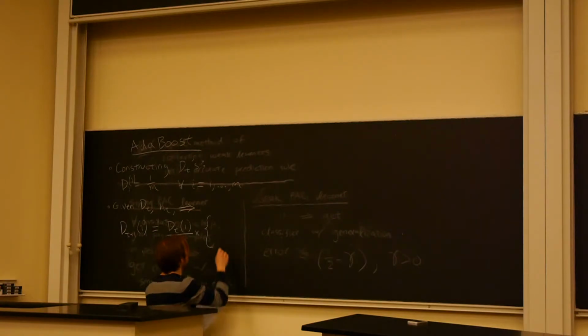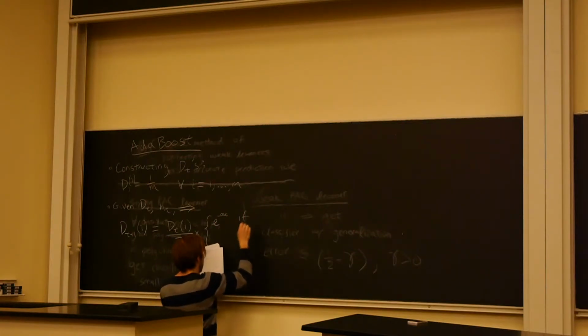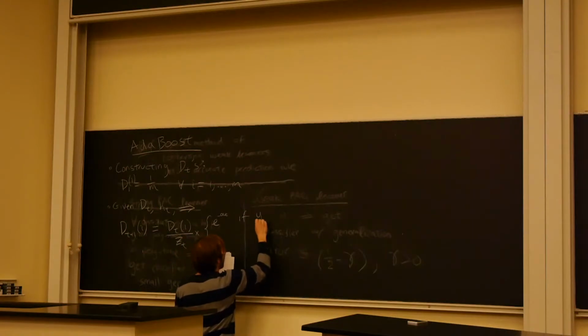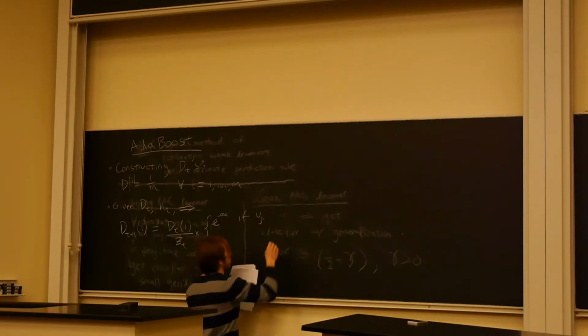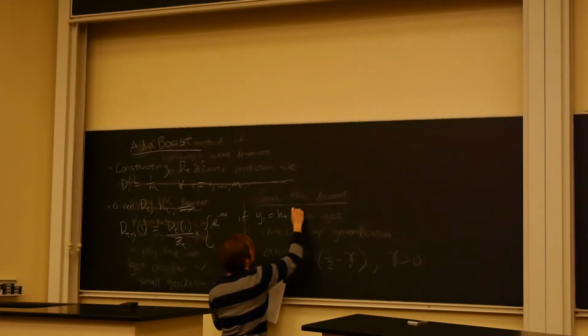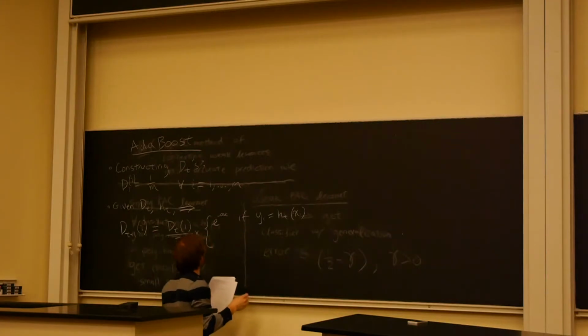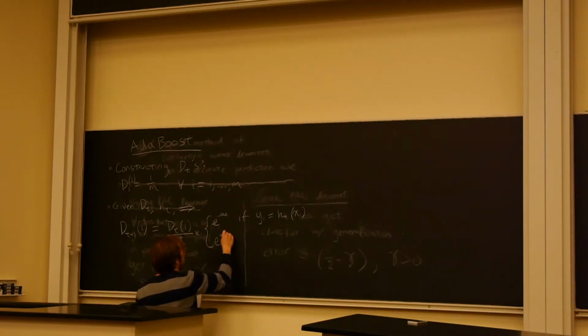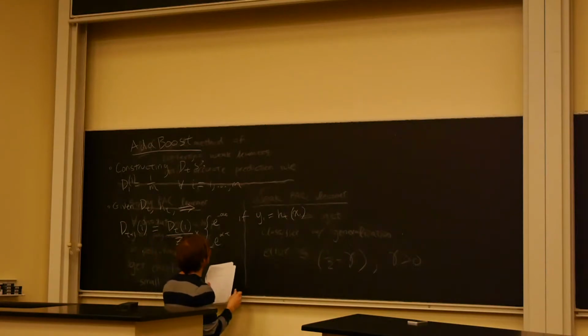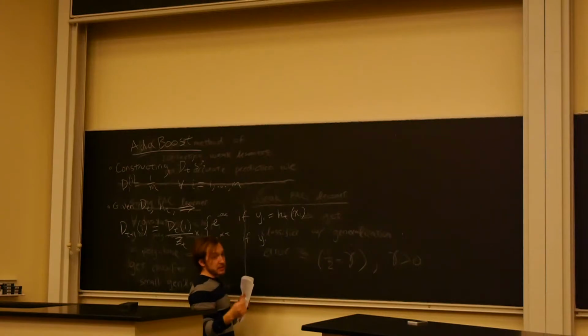So the first case is e to the negative alpha sub t, if your label yi is equal to the prediction h sub t of xi, and e to the positive alpha sub t, if you have an incorrect labeling.